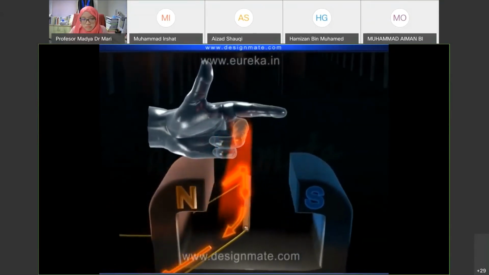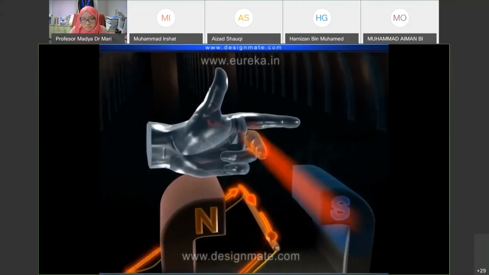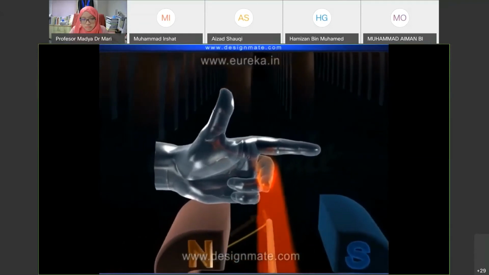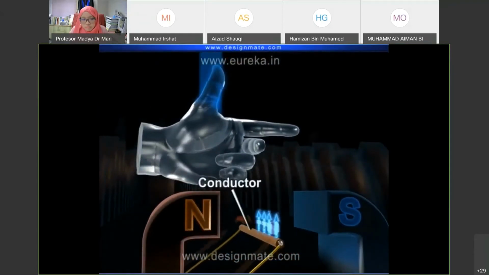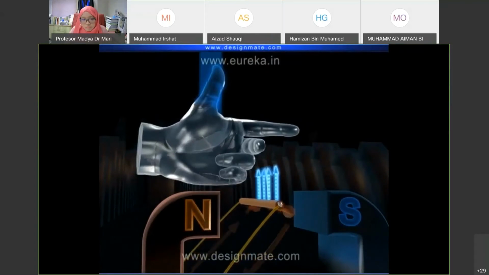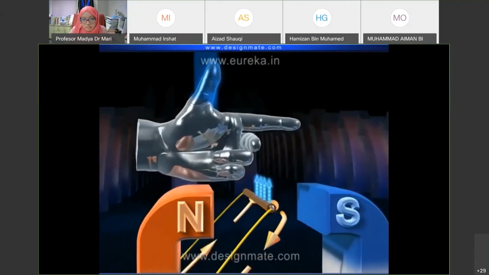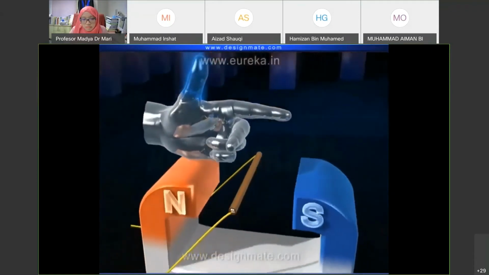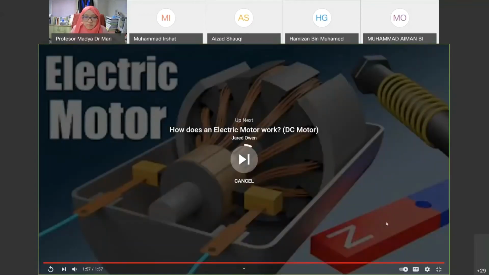According to Fleming's left-hand rule, the thumb will give the direction of force. In this case, the conductor will experience a force in upward direction, or it will move up. Now, can you guess in which direction the conductor will experience a force if we reverse the direction of current? Okay, so did you get the idea?